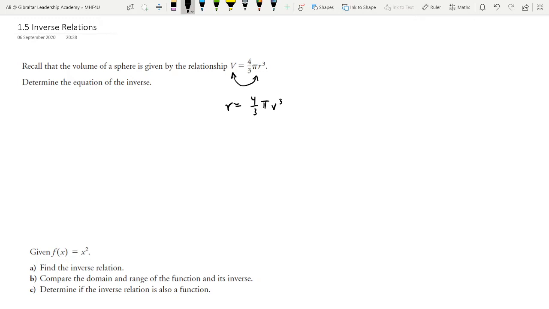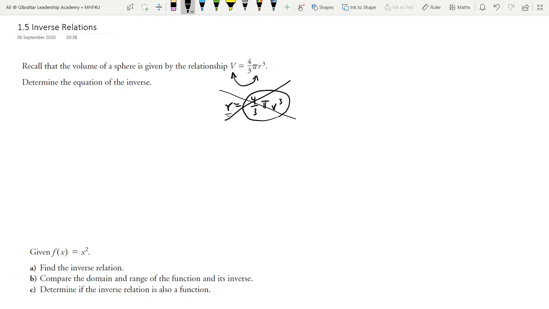But we cannot do that. You cannot switch V and r because now r, which is supposed to represent radius, is actually the equation for volume. So because of that, r represents something different now. So you cannot take this process.